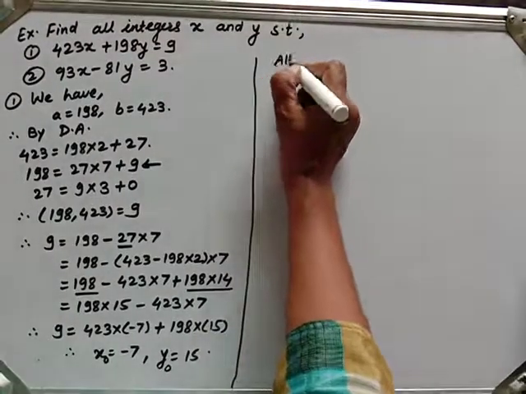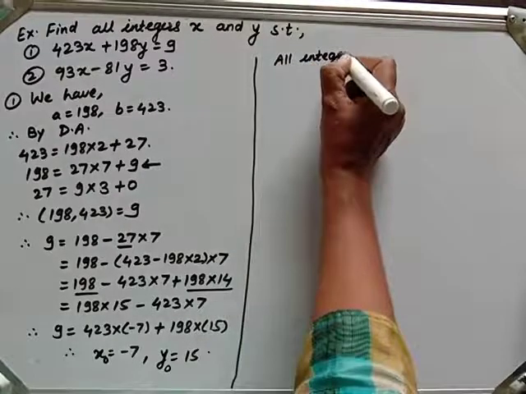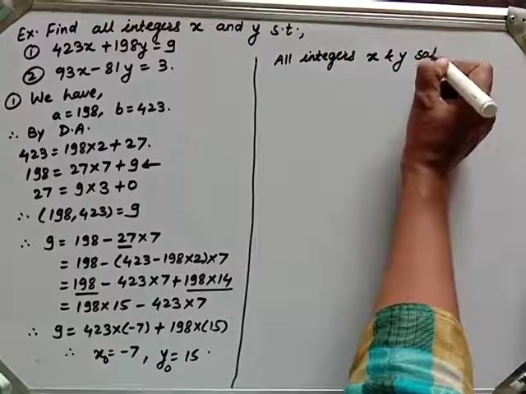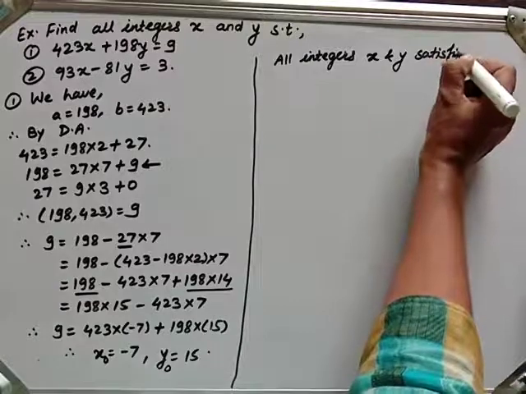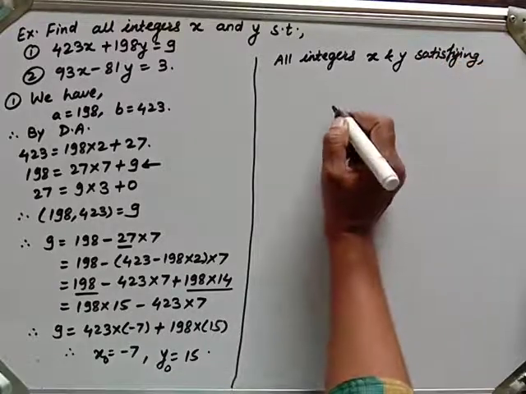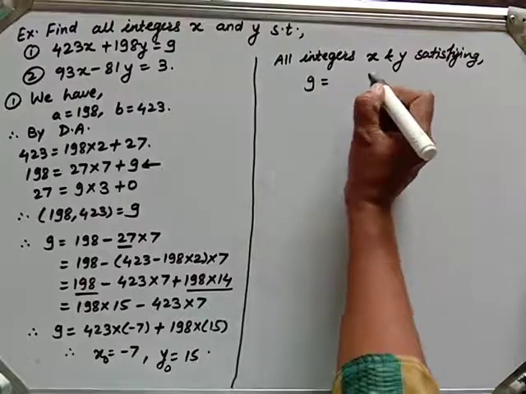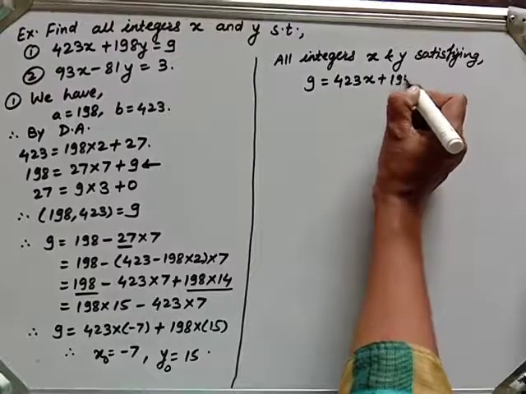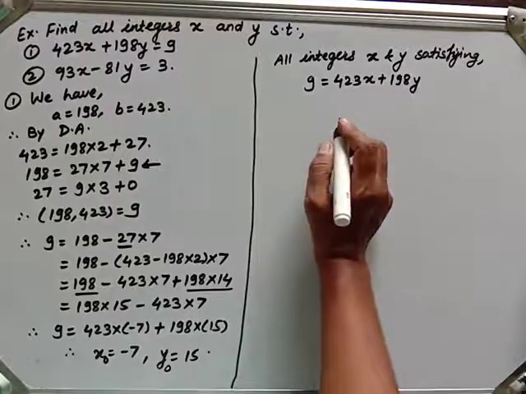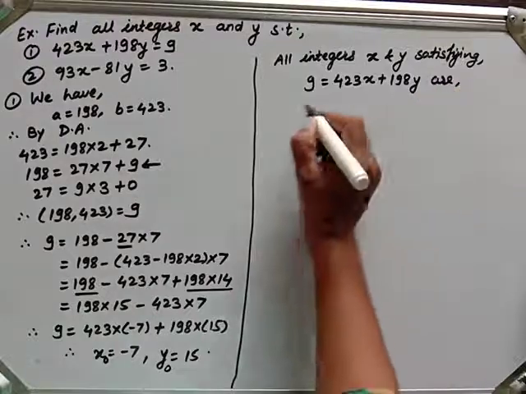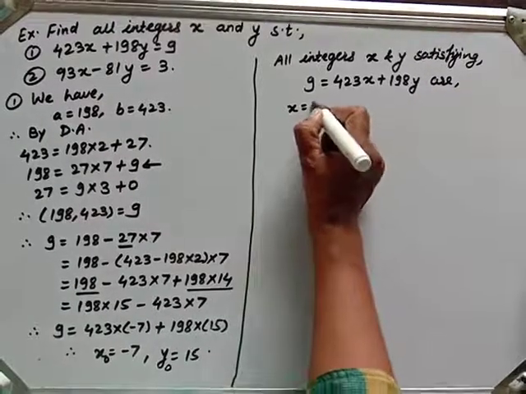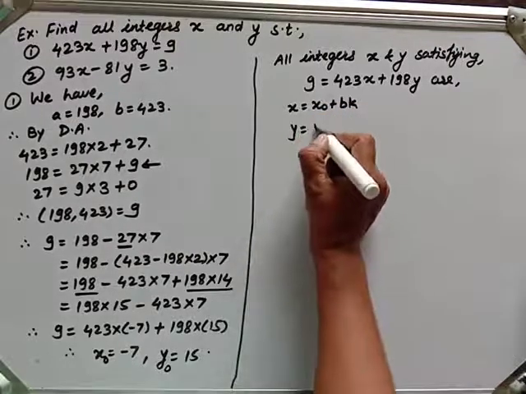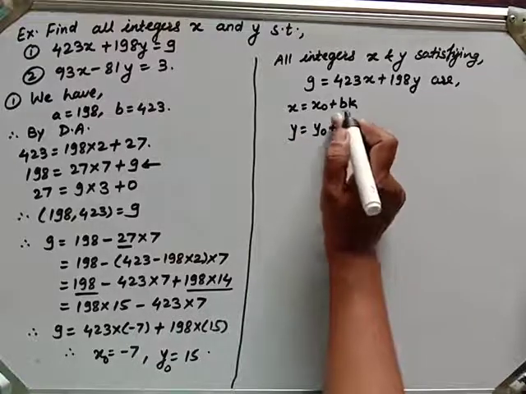So now we have to find all integers x and y satisfying 9 equal to 423x plus 198y, this equation. They are x equal to x0 plus bk and y equal to y0 minus ak.